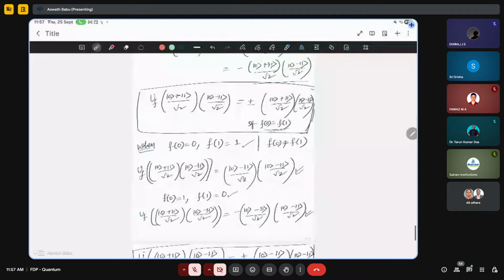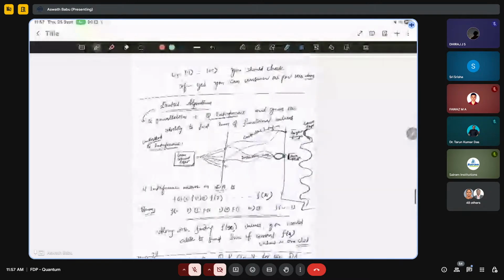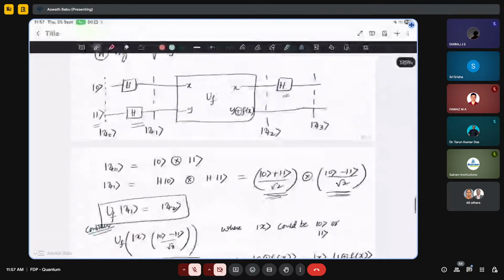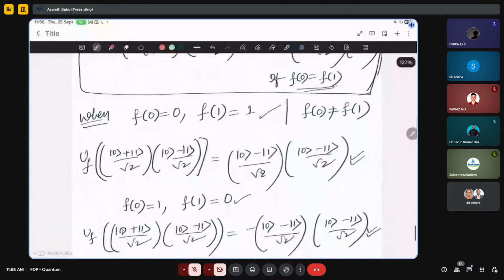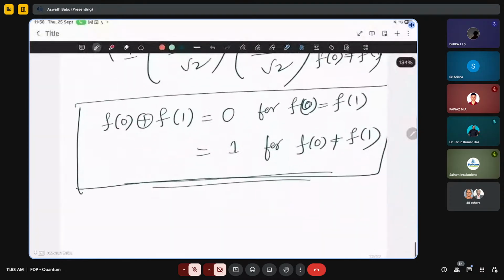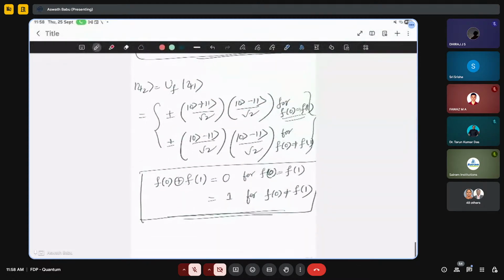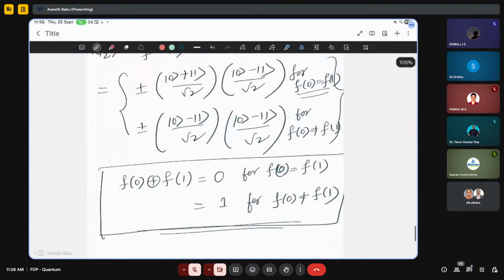Now let's get back and see what is the quantum circuit we have in the Deutsch algorithm. In the Deutsch algorithm, there is a Hadamard acting on the control on psi 2, which gives you psi 3. Let's find out what psi 3 is. Psi 2 I know. Let me go to the next page. This is psi 2.